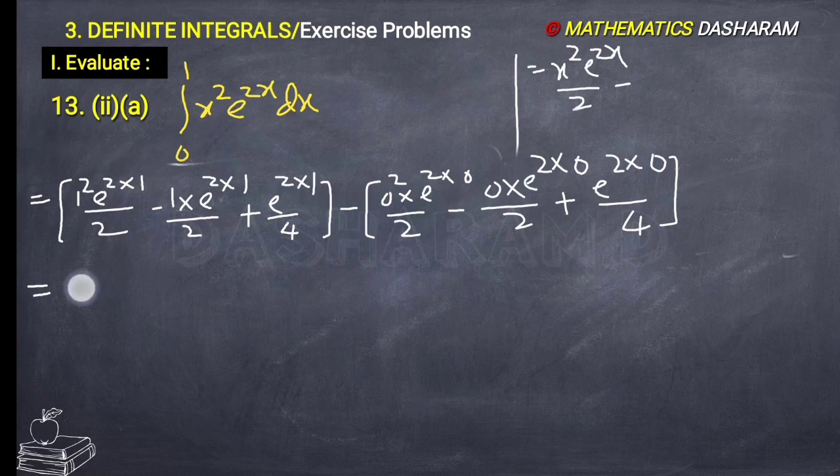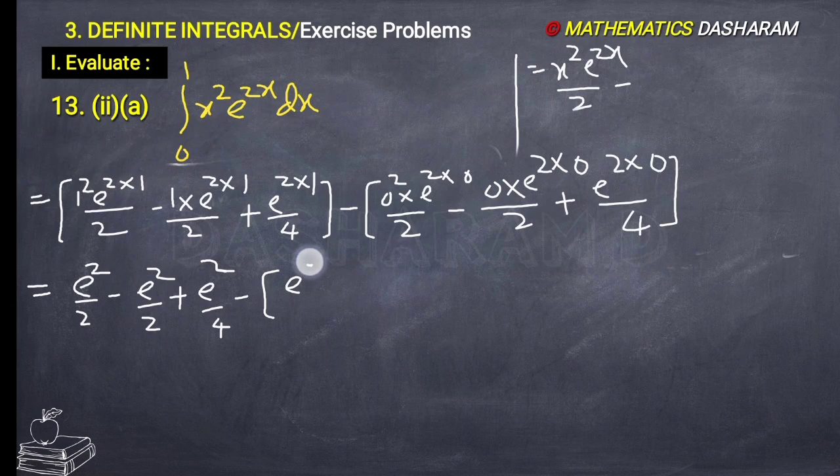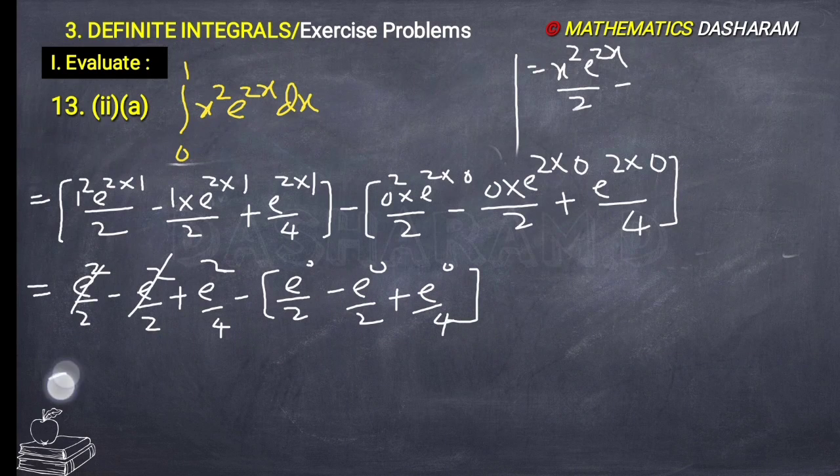Then it is equals to e square by 2 minus e square by 2 plus e square by 4 minus e to the power of 0 by 2 minus e to the power of 0 by 2 plus e to the power of 0 by 4. Here both are cancelled.